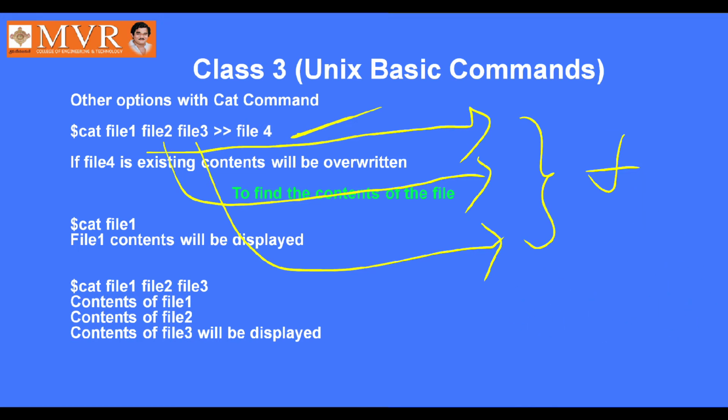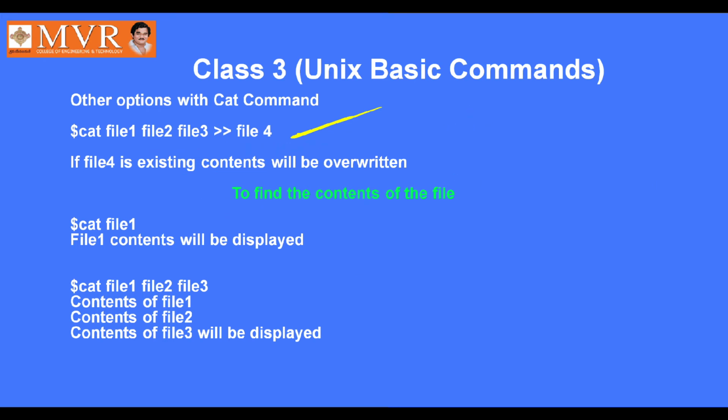And one more important point in this command is, if file4 already exists, then whenever you combine the information of file1, file2, file3 and put it in file4, the contents of file4 will be overwritten. That means the old content of file4 will be erased, and the new content, the combination of f1, f2, f3, will be stored in it.